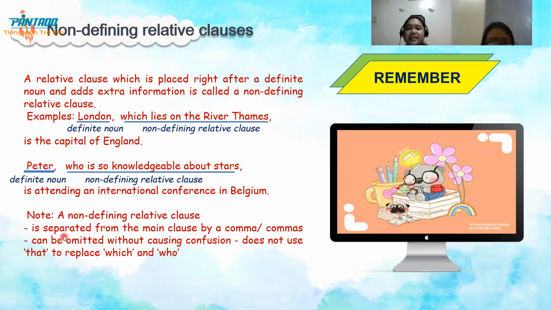It can also be omitted without causing confusion. Thus, do not use that to replace which and who. A non-defining relative clause is really extra information. It is placed right after a definite noun.